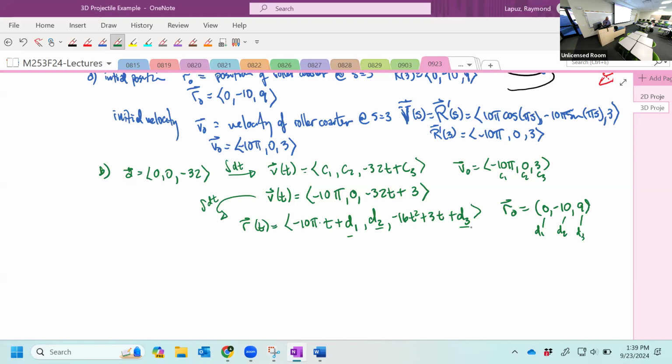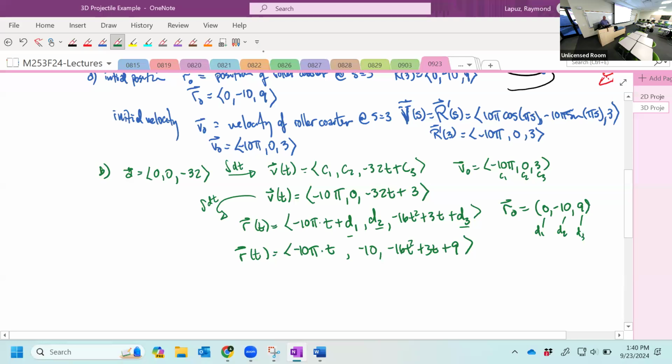Anyways, your position function finally is equal to negative 10 pi times t plus 0, comma, negative 10, comma, negative 16t squared plus 3t plus 9. All right.